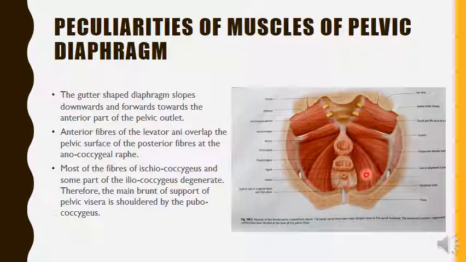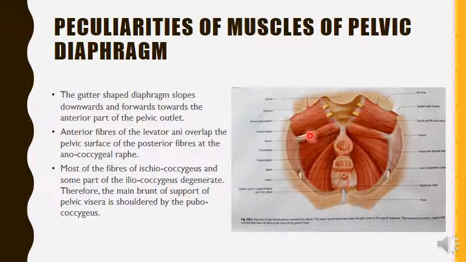And the anterior fibers of the levator ani overlap the pelvic surface of the posterior fibers at the anococcygeal raphe. This is the anococcygeal raphe. So these anterior fibers overlap the pelvic surface of the anococcygeal raphe, right? And most of the fibers of ischiococcygeus and some part of the iliococcygeus degenerate.